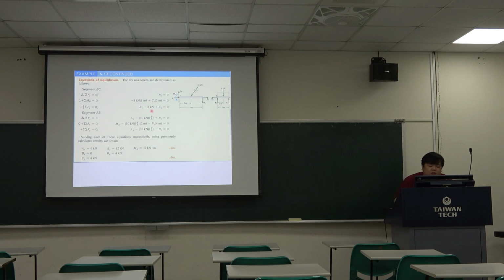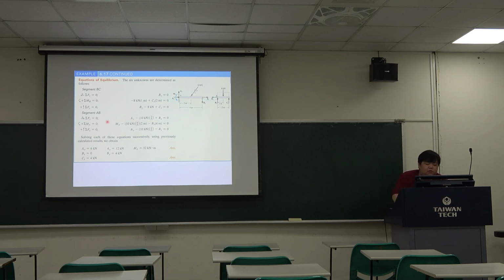Okay, then we focus on the segment AB. This is the member AB. Because we have the By answer and the Bx answer as the internal force, we know these two force answers. And when we do the summation Fx equal to 0, then we can find the Ax.